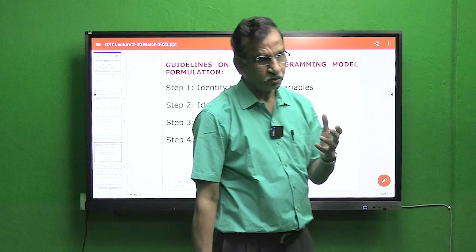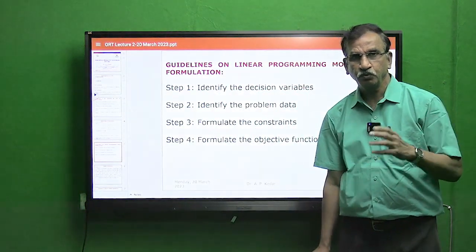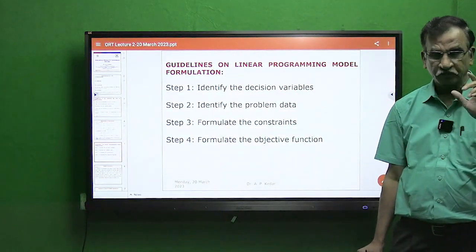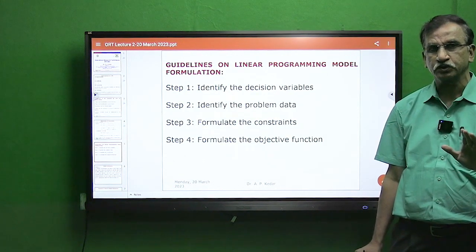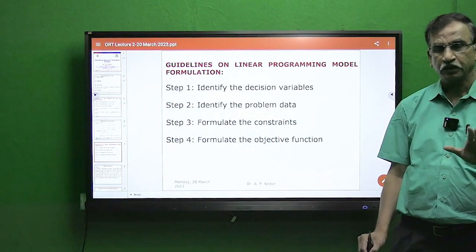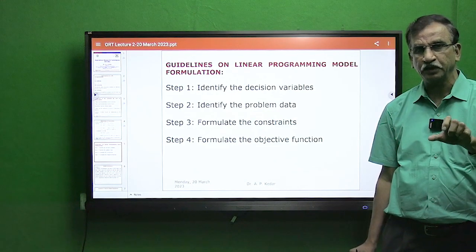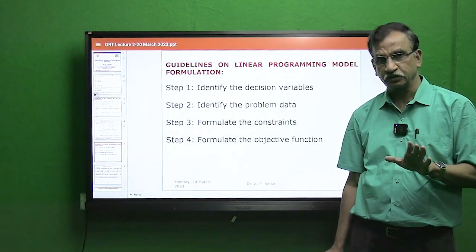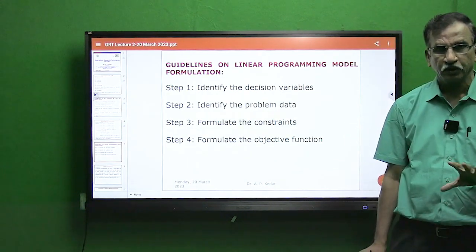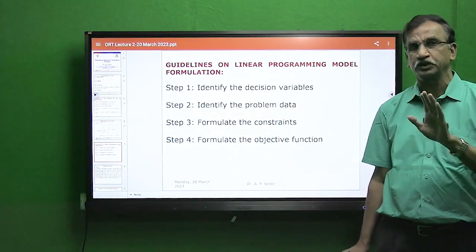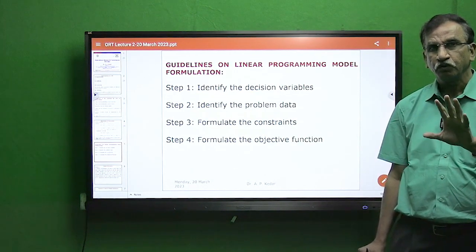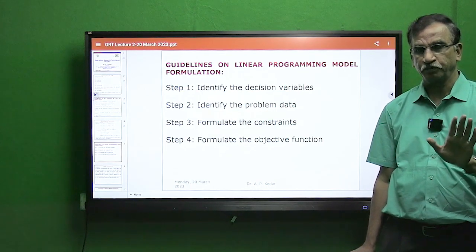The company or organization who want to optimize, rather maximize profit or minimize cost, will be having their entire collection of data in the form of wordings, in the form of sentences suppose. So we have to interpret those sentences, and based on those sentences we have to formulate the problem.